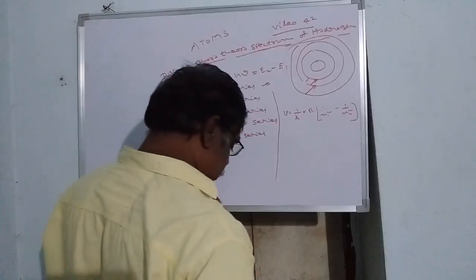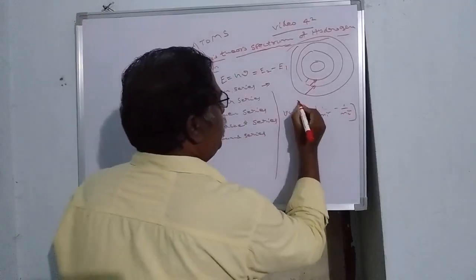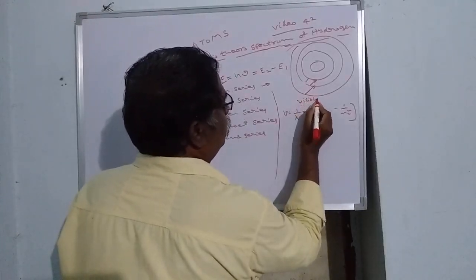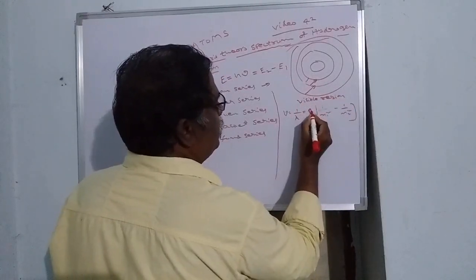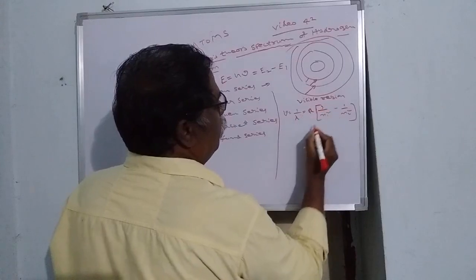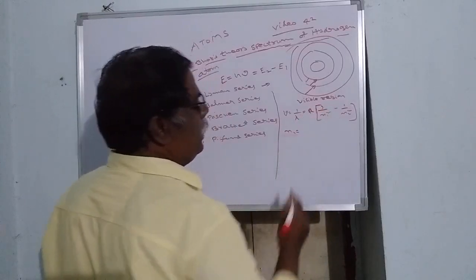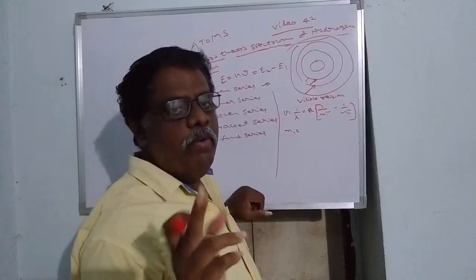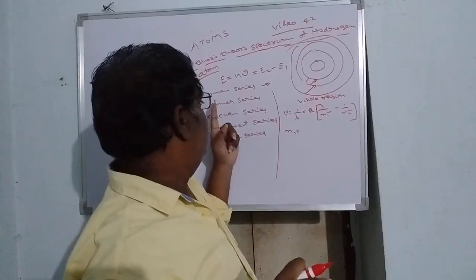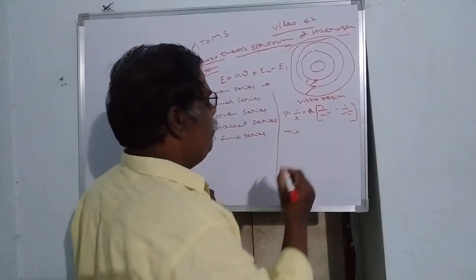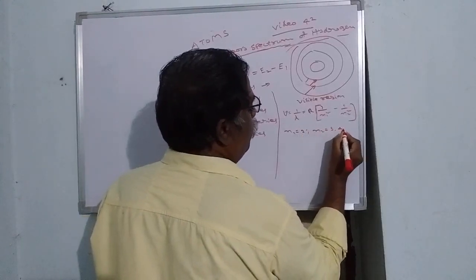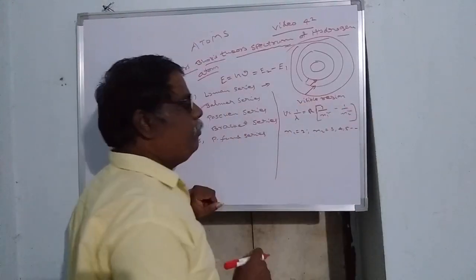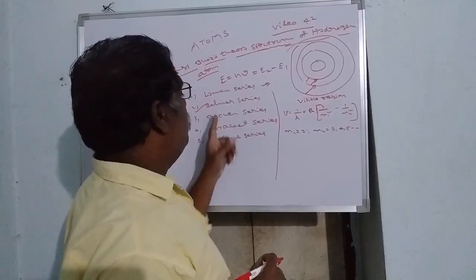So this region belongs to the visible region. Here also the formula will be the same, but the values of n1 and n2 will change. Already n1 was 1 in the case of Lyman series. Now n1 will start with 2, n2 will start with 3, 4, 5 and so on. So this is about the Balmer series.